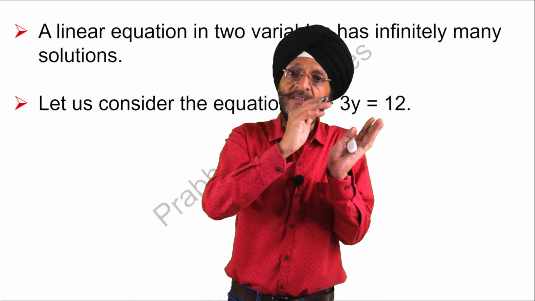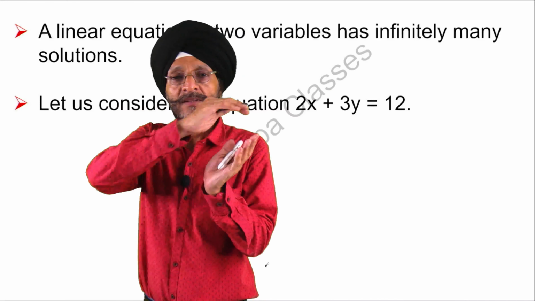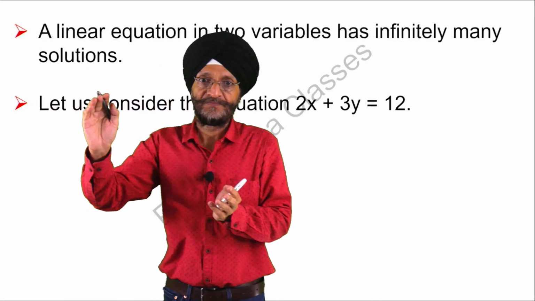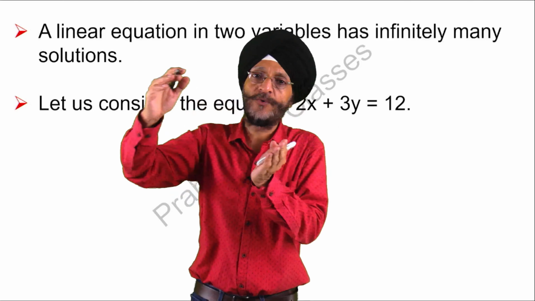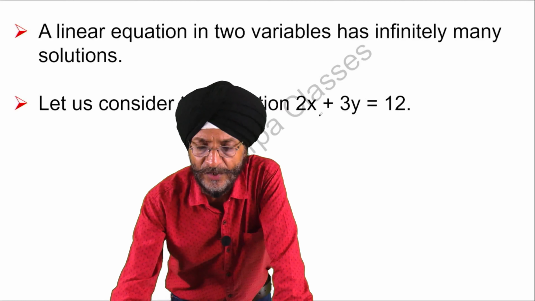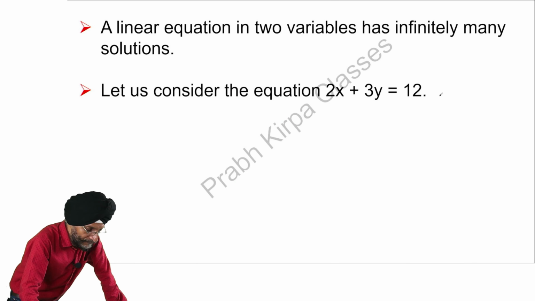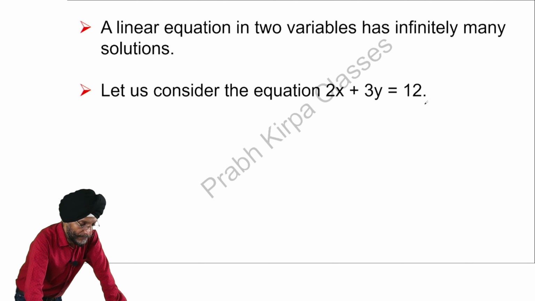But when the linear equation has two variables, the solutions are infinite. That is, there are many solutions for the given equation. So now let us consider the equation 2x plus 3y is equal to 12 to understand this concept in more detail.